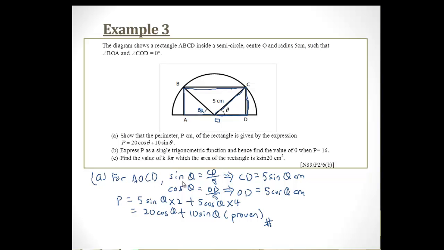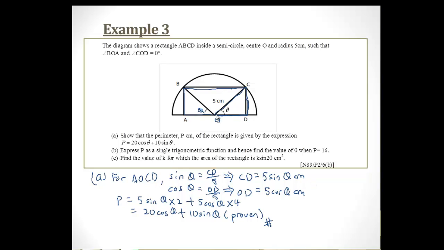So for part A, for triangle OCD, sin theta will be equal to CD over 5. Multiplying both sides by 5, you will obtain CD as 5 sin theta cm.